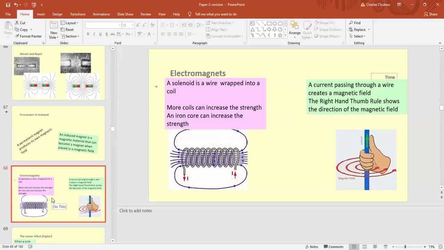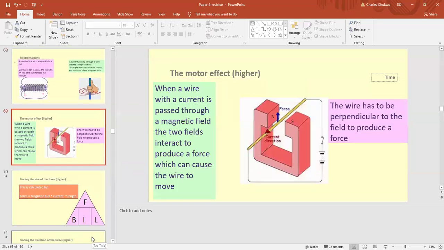You remember yesterday when I was telling you about the rule of the thumb? That diagram on the right-hand side, you can see the thumb pointing upwards. That shows you the direction of current, while your other fingers there show you the direction of what? The magnetic field that will form around the wire.